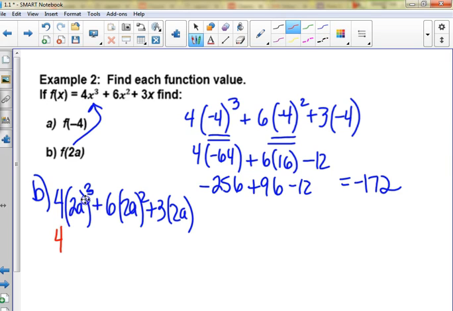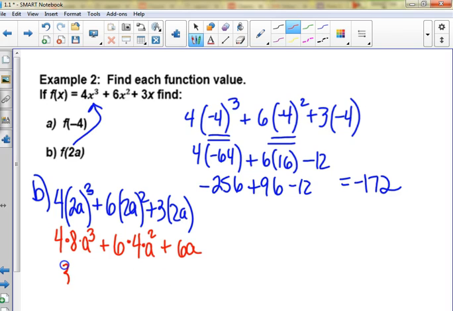So what's 2a to the third? Right, 2 to the third is 8, and an a to the third. Okay. Back here we have a 6. The 2 is squared, and the a is squared. And back here we just get a 6a.